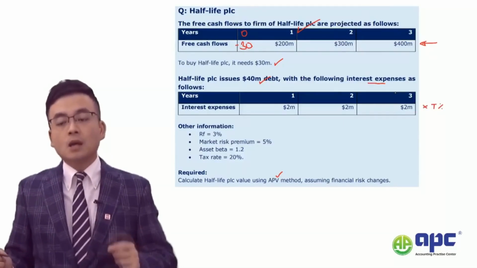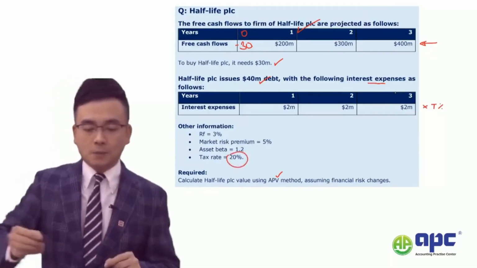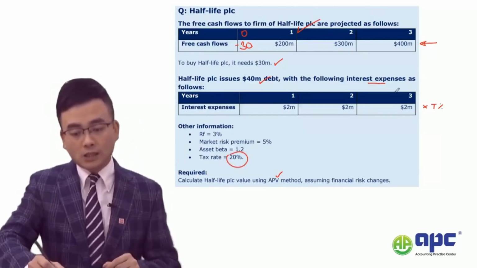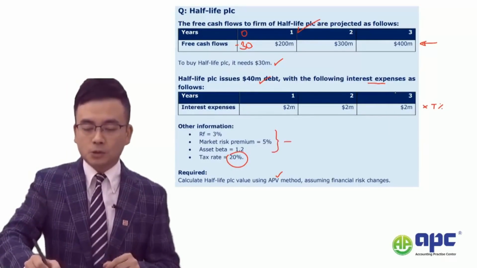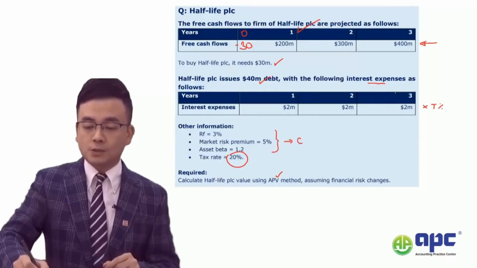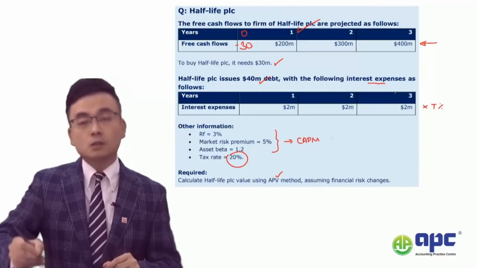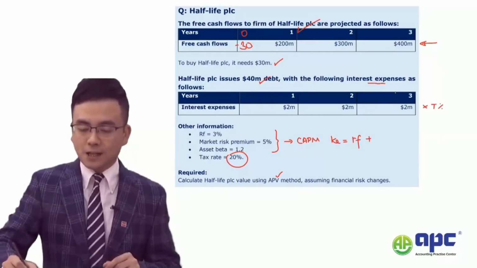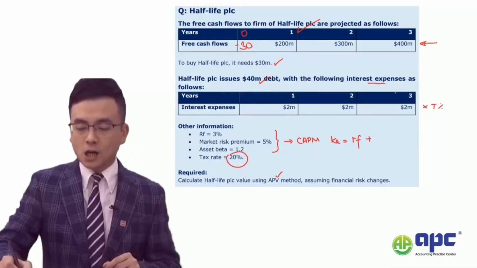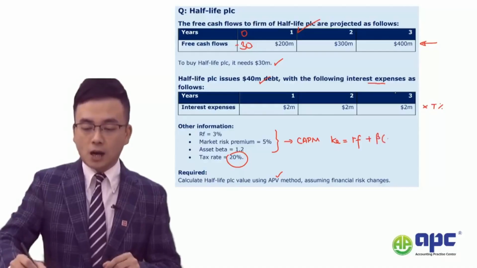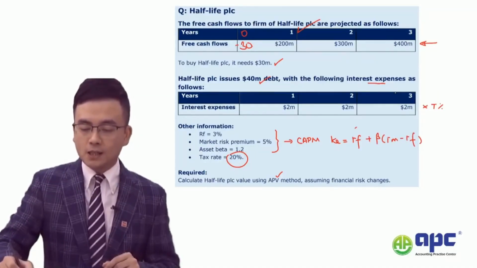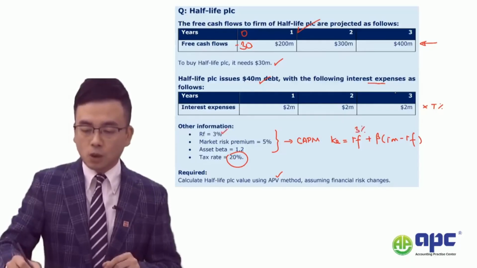If you see in the exam the risk-free rate, premium and beta, you will need to use the capital asset pricing model to calculate the cost of equity: RF, the yield from government security, plus the beta factor times (RM minus RF). Here RF is 3%, premium is 5%, and the beta is 1.2.